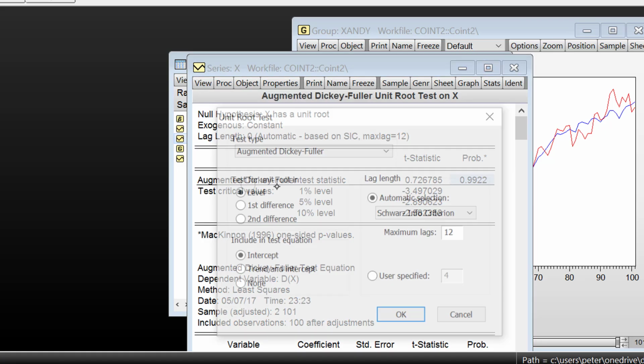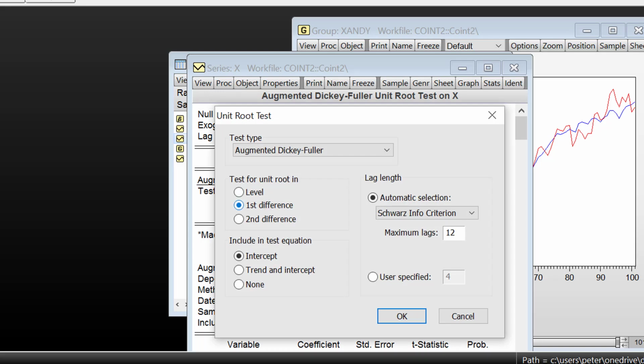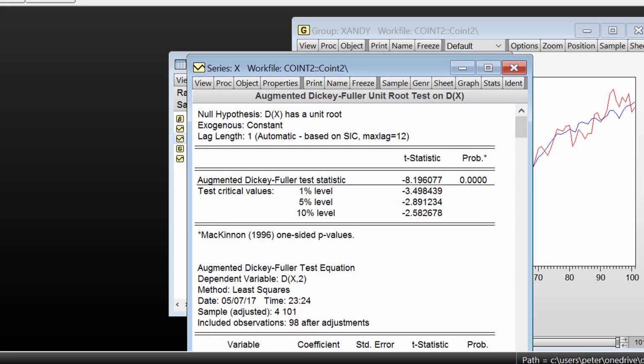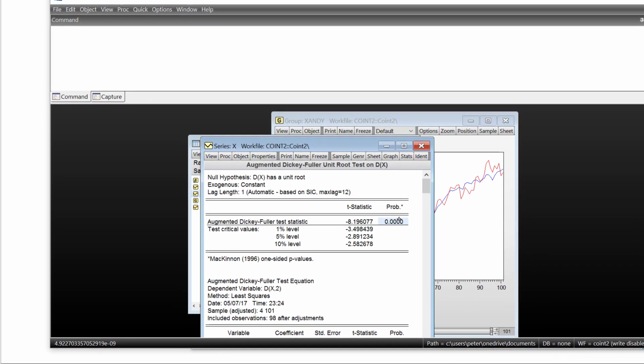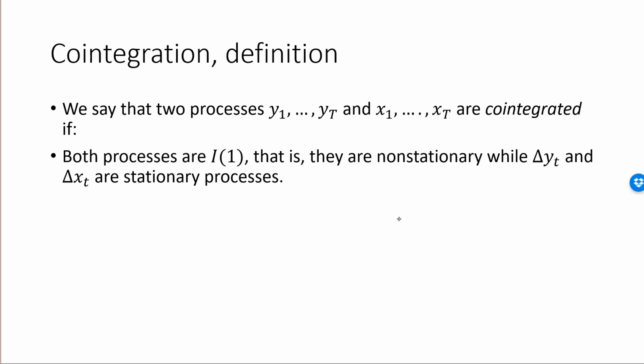However, if I do a unit root test in first differences, click OK, we can clearly reject that. It seems reasonable to conclude that this is an I(1). In this particular case, I have simulated the data, so I actually know that both of them are I(1). So that's the first condition.